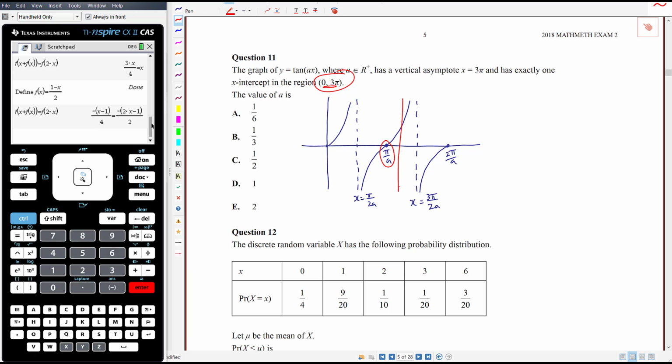Otherwise, we're not going to have one x-intercept. If 3 pi was somewhere between pi on 2a and pi on a, we wouldn't have one x-intercept in that interval. So we know that x equals 3 pi is going to have to be somewhere between these two values.